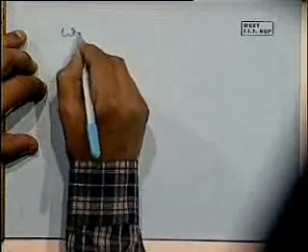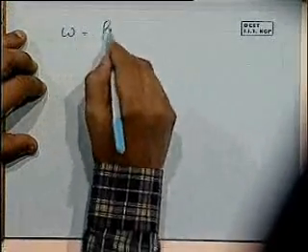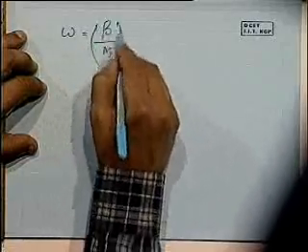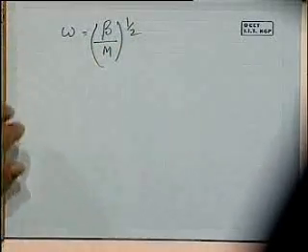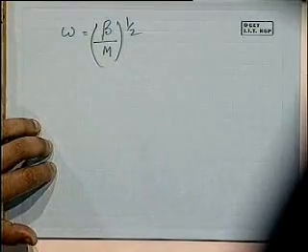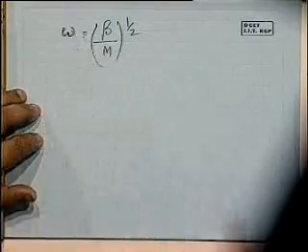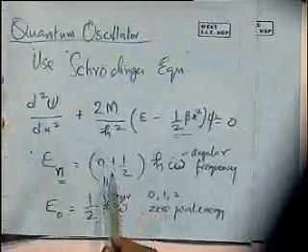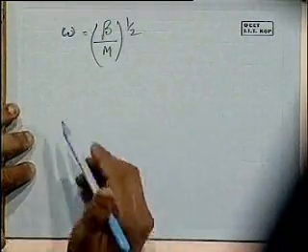Also, omega can be expressed in terms of the beta and the m that we had in that equation as root beta by m. Okay? If you look at this equation here, we can express it in terms of root beta by m.